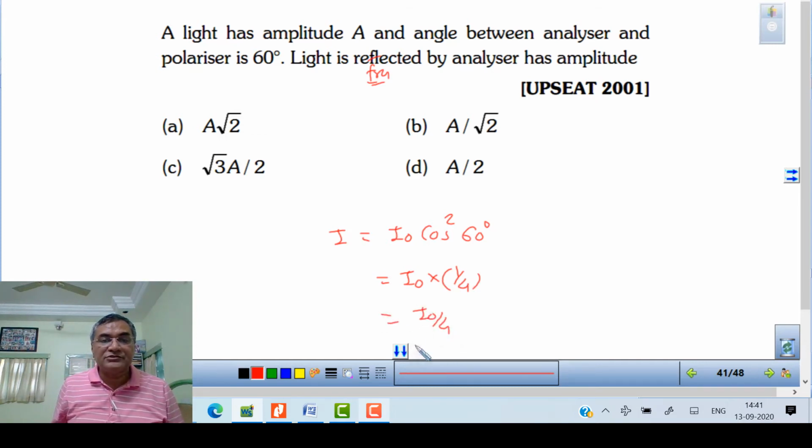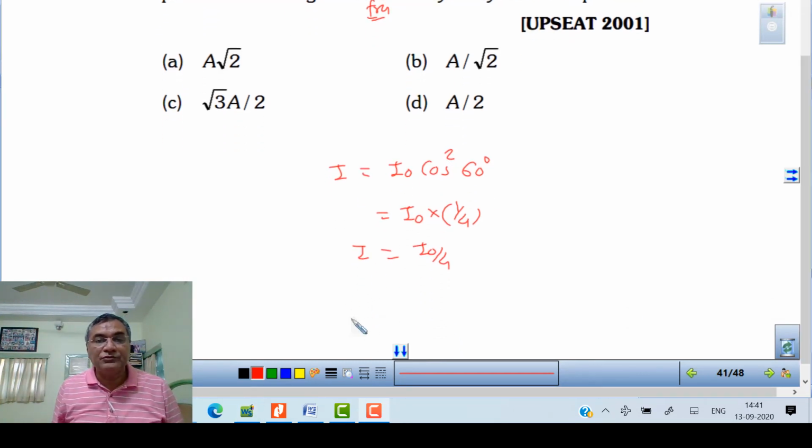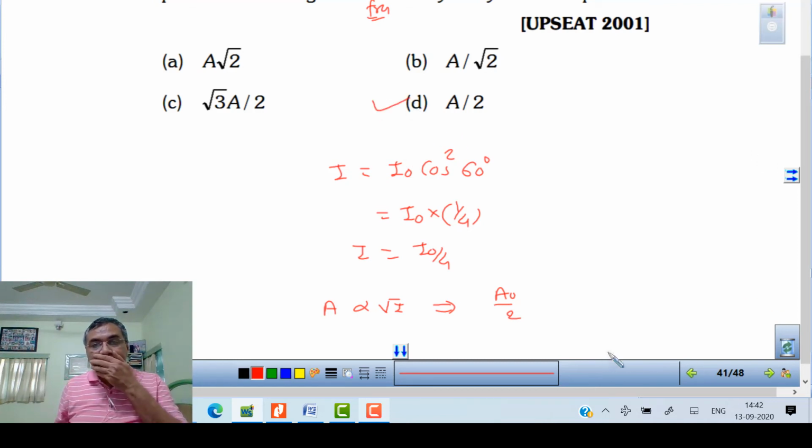But here the question is not of intensity, it is a question of amplitude. We know that amplitude is proportional to root I. Therefore, amplitude becomes A0 by 2. So I think option D is the correct one.